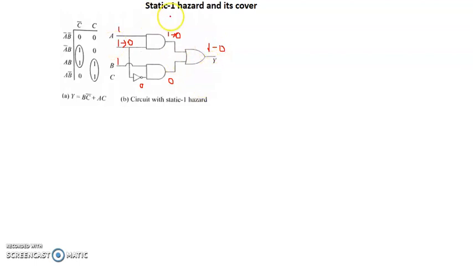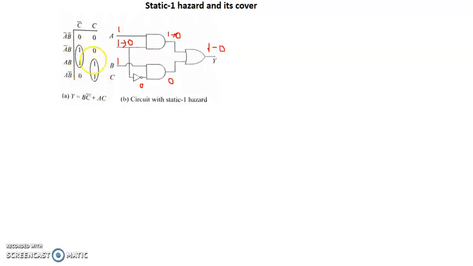This is what is called a static 1 hazard. Now how can I overcome this hazard? In circuits, sometimes we use a redundant group, which was not necessary because this one has already been covered here and this one has been covered.